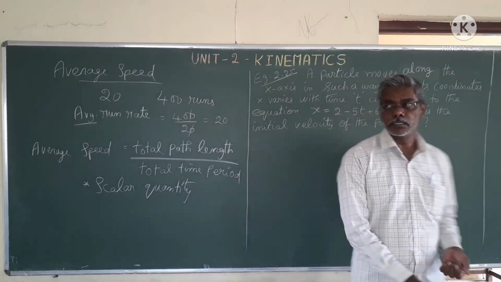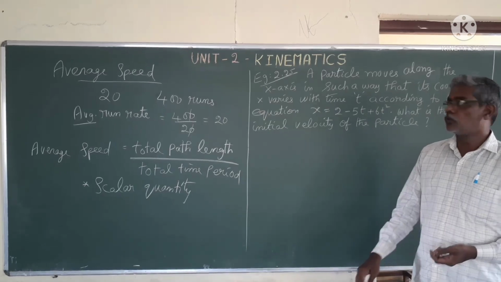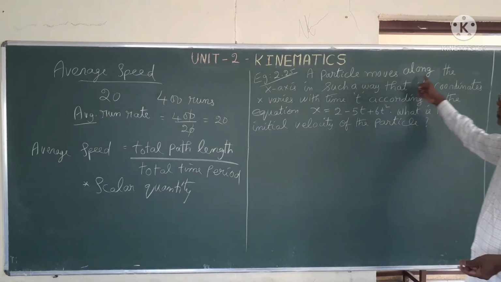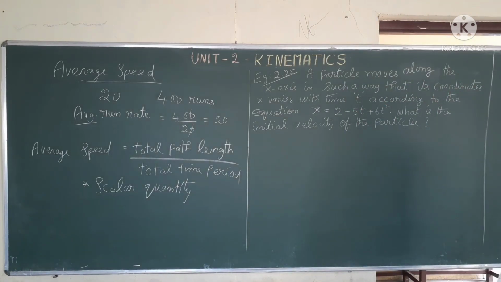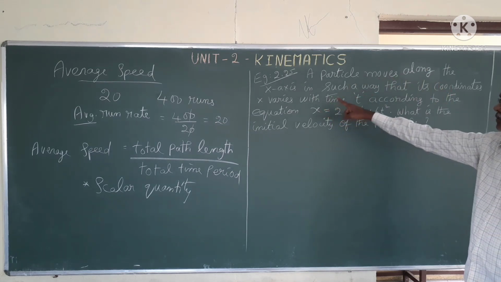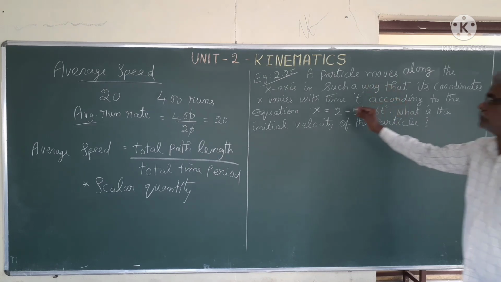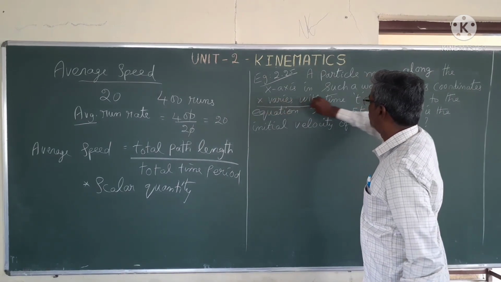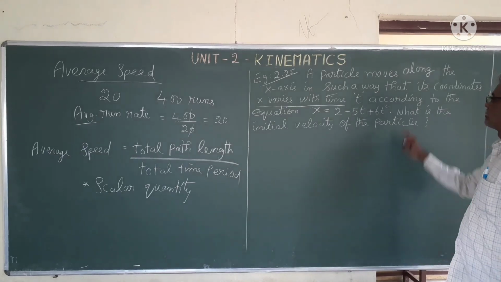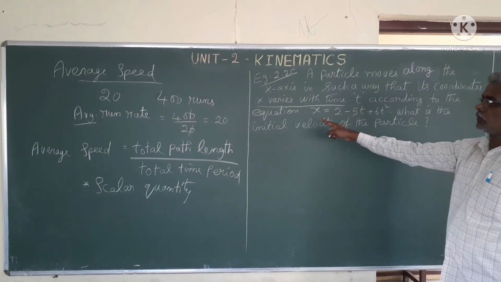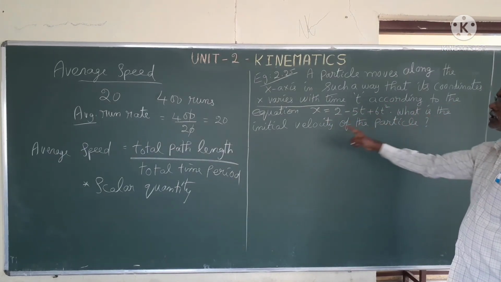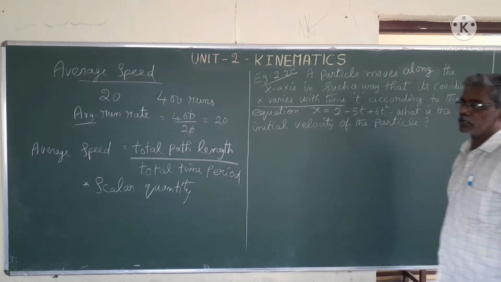Next we will see example 2.25. A particle moves along the x-axis in such a way that its coordinate x varies with time t according to the equation. What is the initial velocity of the particle?